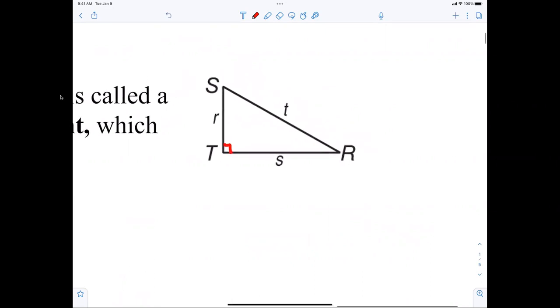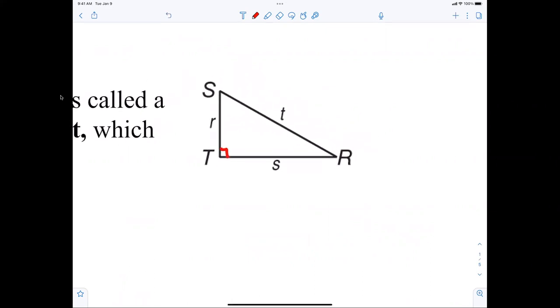So I want everyone to write down SOHCAHTOA. Sometimes you'll hear kids call that SOHCAHTOA. And sine stands for S. So you're going to write down sine. After you write a trig function, the variable has to come next.